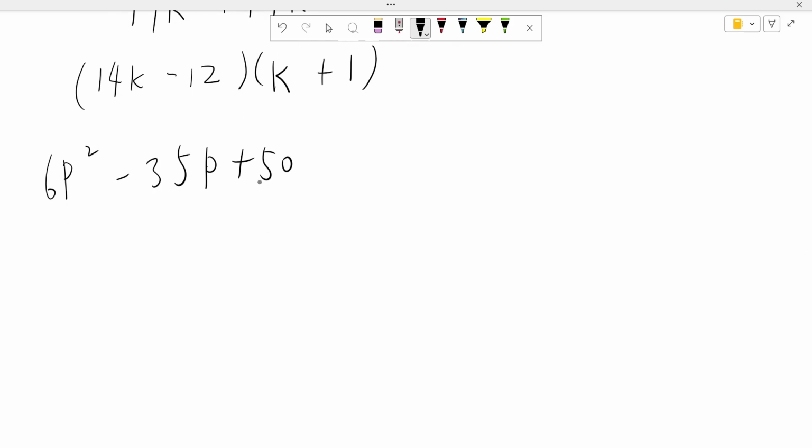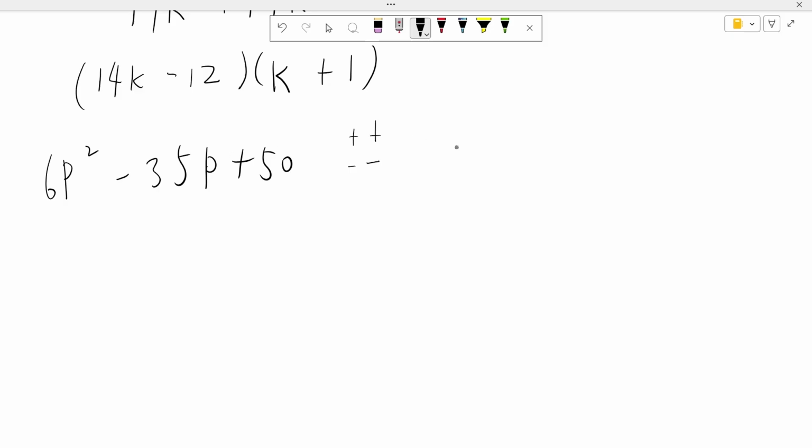We can notice that since this constant term has a positive sign, the two numbers that we are finding will have to be the same sign, plus plus or minus minus, just from looking at the sign of the constant term.